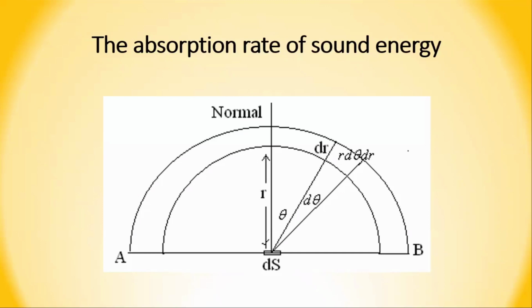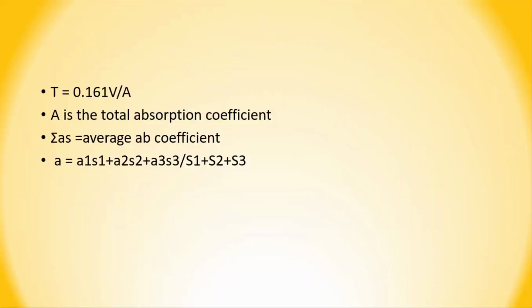So similarly, what Sabine has done is in the figure, AB is a wall. On that wall, he has taken a small surface area ds, right? On this wall AB, he took the small surface area ds, which is absorbing the sound energy coming from the source somewhere lying on this dome, right? ds है और surrounding that he has assumed a semicircle, एक dome जैसा assume किया है. वो डॉम के ऊपर कहीं सोर्स है which is emitting the sound energy, and that sound energy is falling on this ds, right?